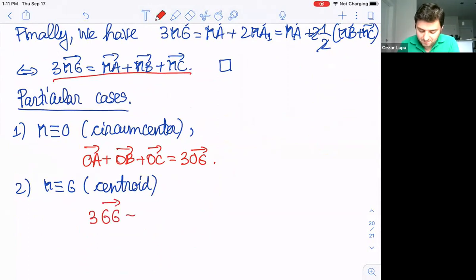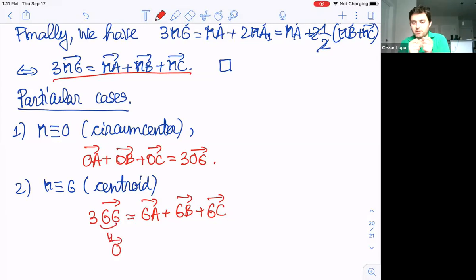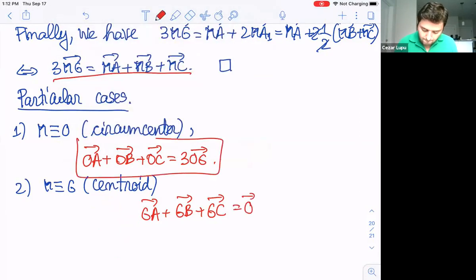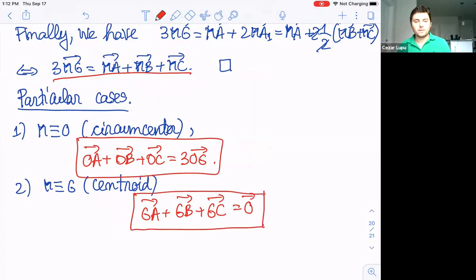Can you tell me? It will always be the 0 vector. This vector doesn't go anywhere. So in other words, GA vector plus GB vector plus GC vector will be nothing else than just the 0 vector, right?